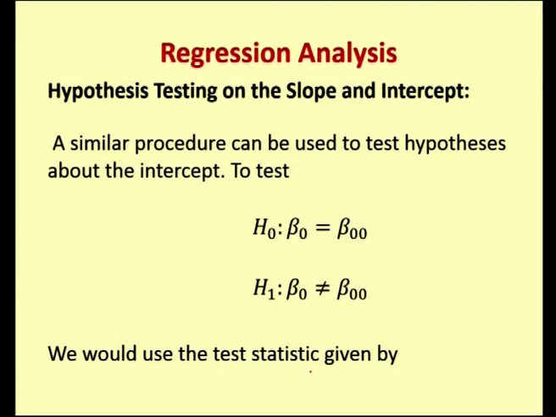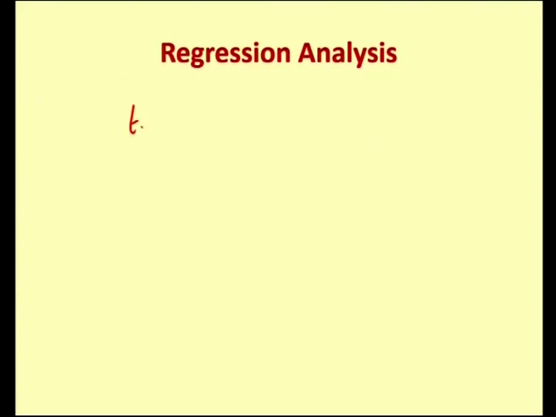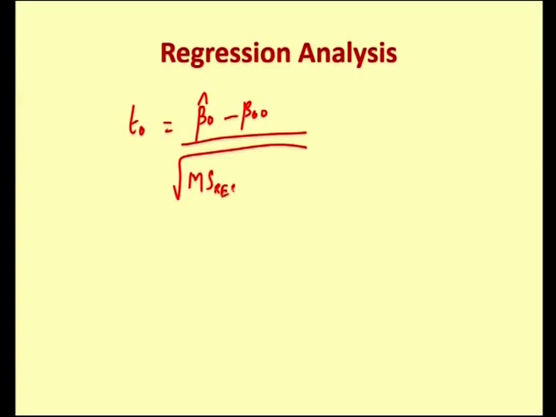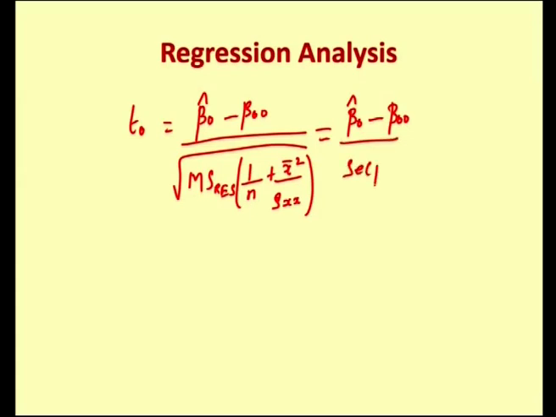So, here we can use the test statistic given by T naught equal to beta naught cap minus beta 0 0, under H naught, divided by the standard error, that is the square root of mean sum of squares due to residual into 1 by n plus x bar squared divided by SXX. So, that we can write it as beta naught cap minus beta 0 0 by the standard error of beta naught cap.